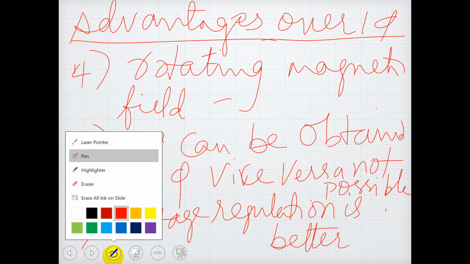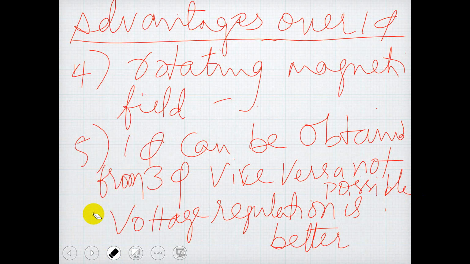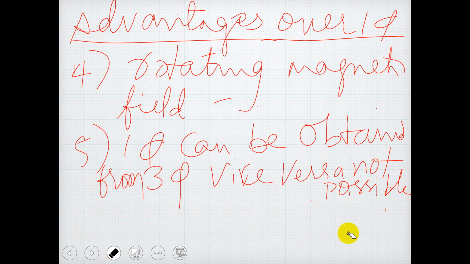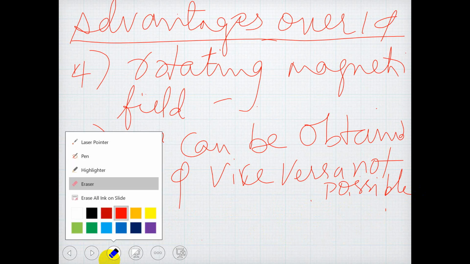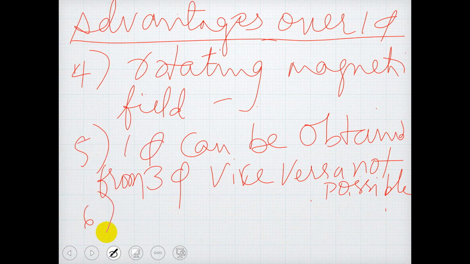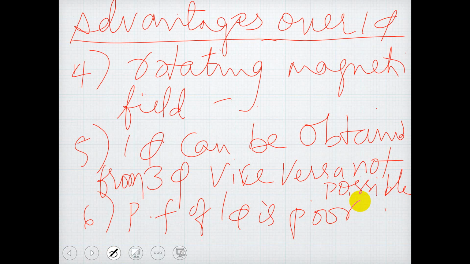The sixth advantage is that the power factor of single phase is poorer than three phase.